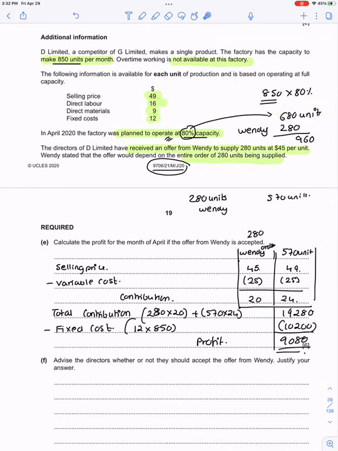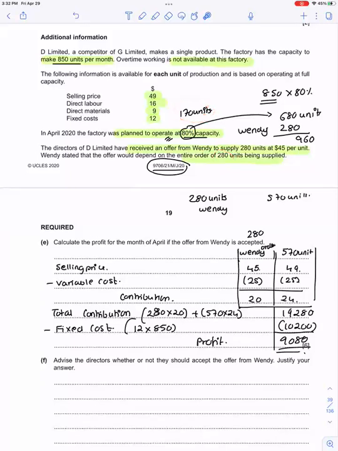You got an order from Wendy, but he says that I am not willing to accept the difference, meaning 850 minus 680, 170. You still have the capacity for 170 units. And Wendy is saying that if you want to supply me goods, you supply me the full 280, not only 170.